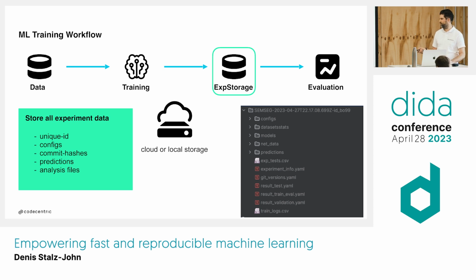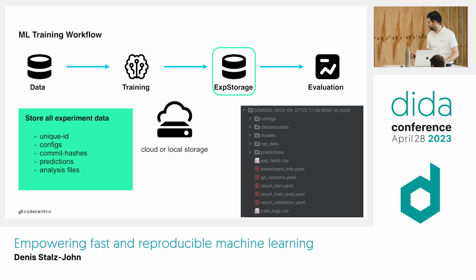And what we store, as I said in the beginning, are the configuration files here. The commit hashes, we have one file, Git versions. There is the data set and the current hash of our code. And we have a lot more data. One is predictions, for example, where we store data frames if we are doing classification, or we store images if we are using semantic segmentation.